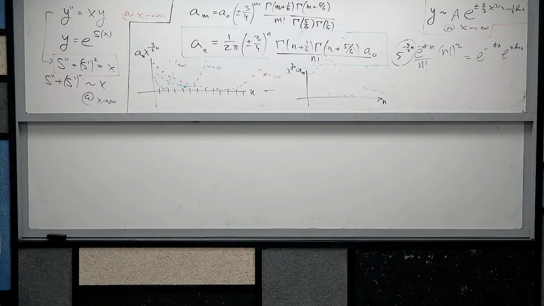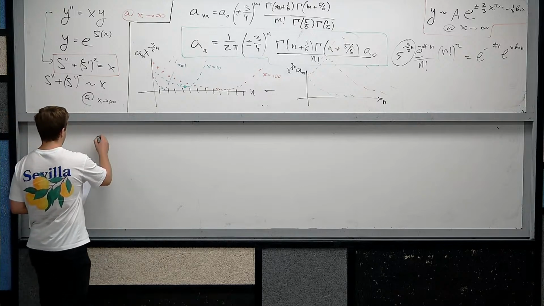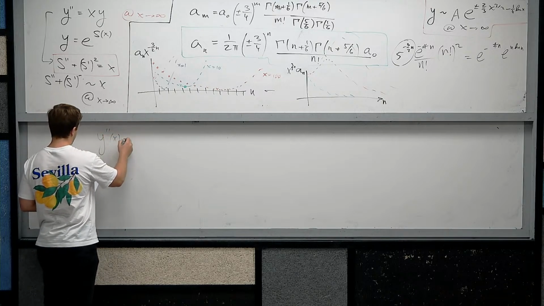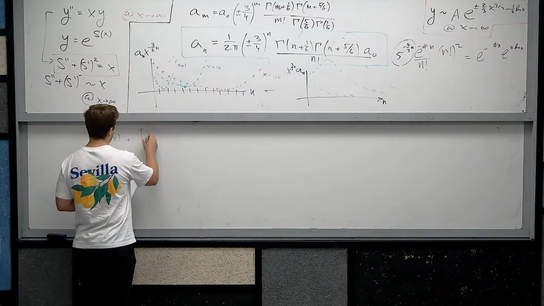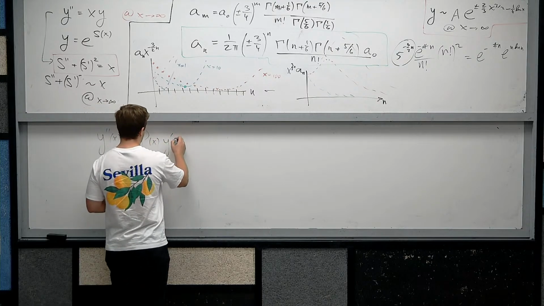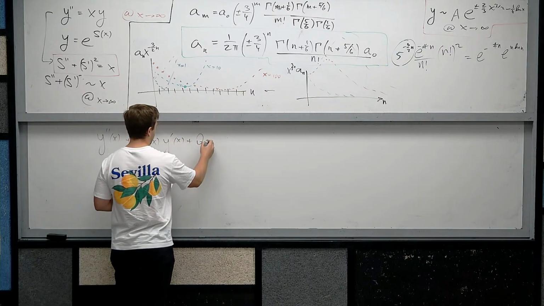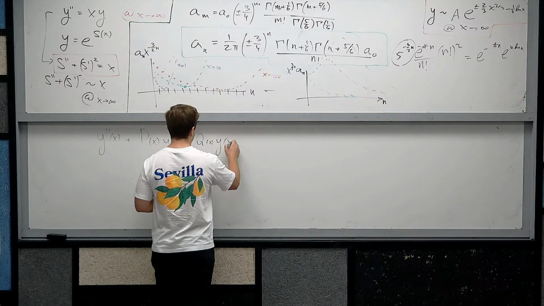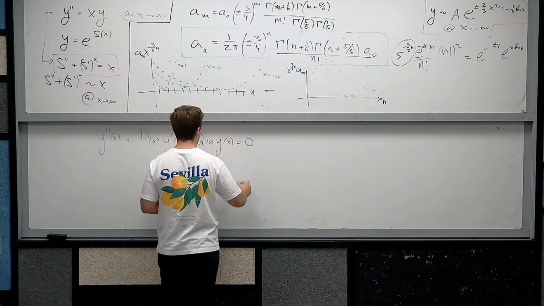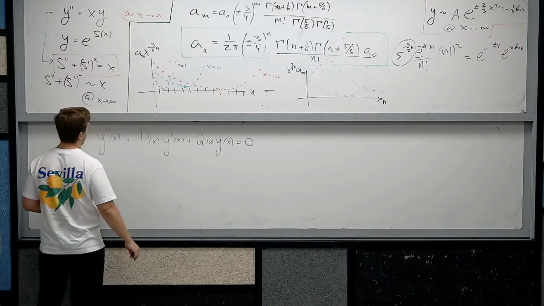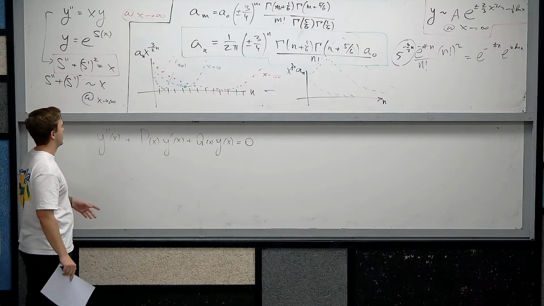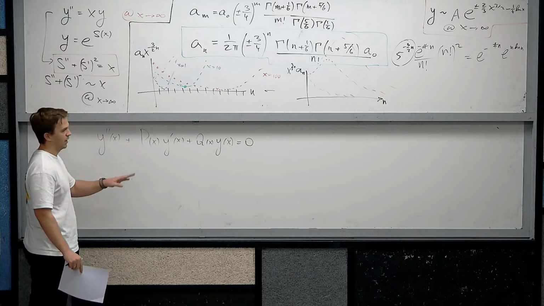Okay. Hello everyone again. Today we're gonna discuss asymptotic analysis of irregular singular points. So, as you remember from the last time, when we solved second order differential equation like this, we usually may encounter three types of points.